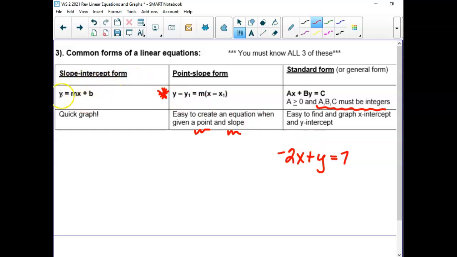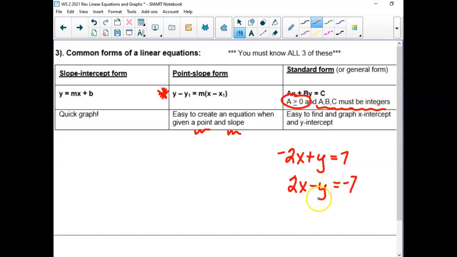That would get us to this form, y equals form. To have proper standard form, you have to have x and y on the same side and the constant on the other side. The issue is that A has to be greater than 0. So you would have to change the sign, like multiply everything by -1, divide by -1, just change the signs. Everybody with me? Yeah. So we would end up with 2x minus y equals -7.